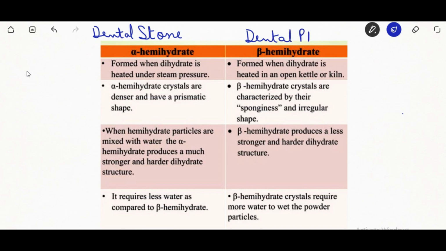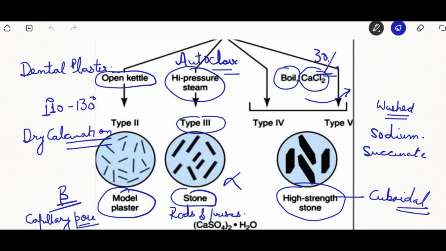The alpha hemihydrate crystals are denser and have a prismatic shape, whereas the beta particles have an irregular shape. When mixed with water, the alpha hemihydrate produces a much stronger and harder dihydrate structure, and the beta hemihydrate produces a less strong and hard dihydrate structure. The alpha hemihydrate would require less water as compared to the beta hemihydrate.